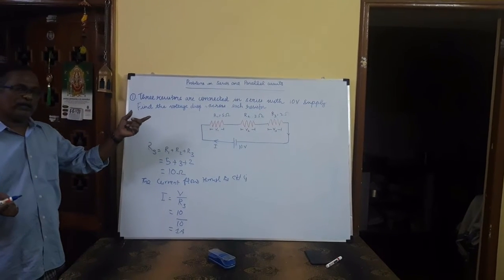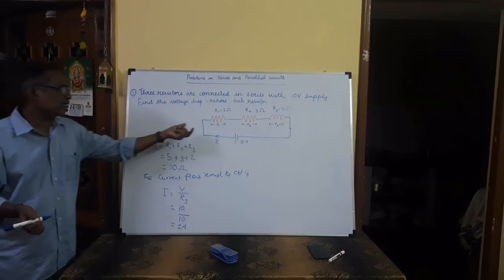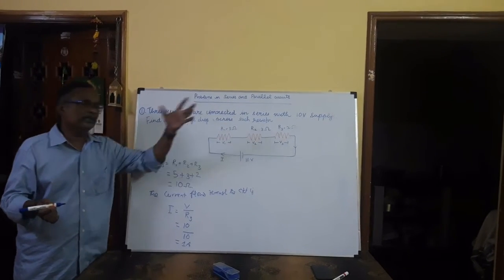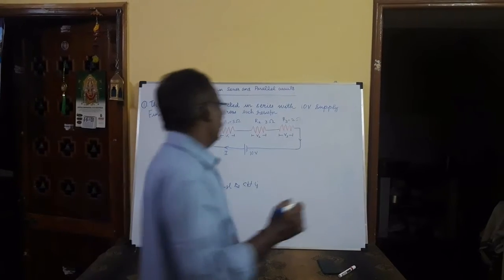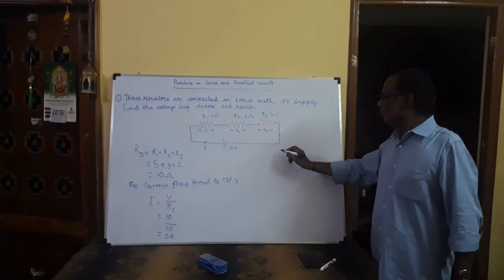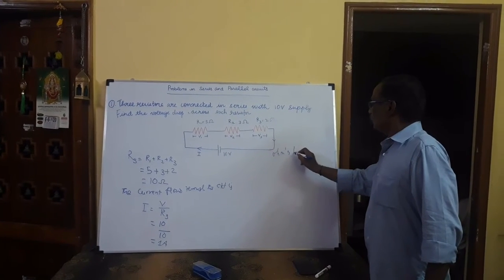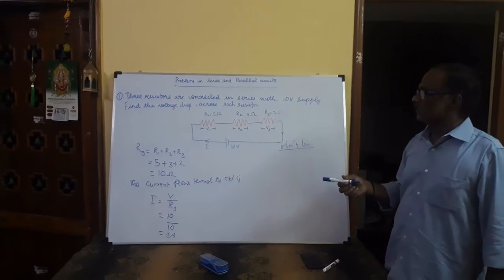Now what are our final calculations? We need to calculate the voltage across the resistances R1, R2 and R3. We have to use Ohm's law. According to Ohm's law, what is the voltage drop across the resistance R1?